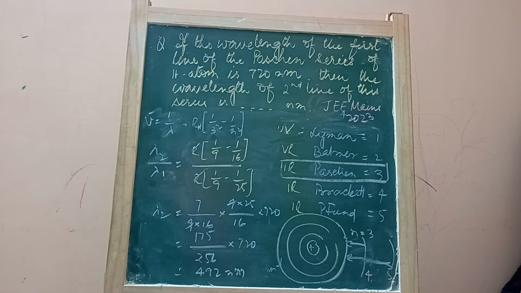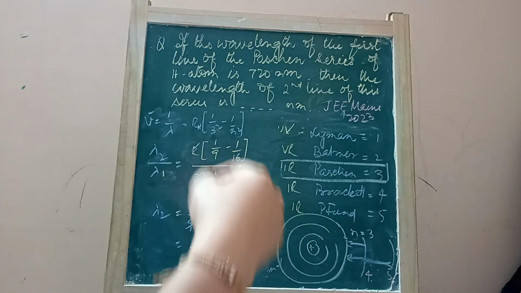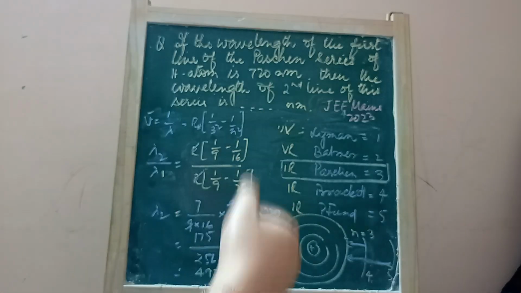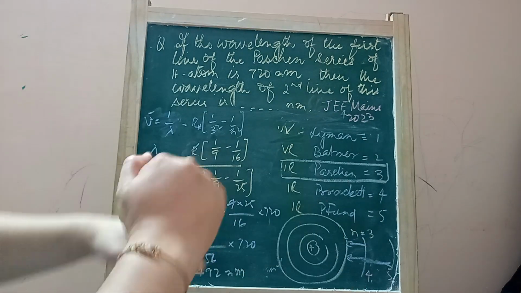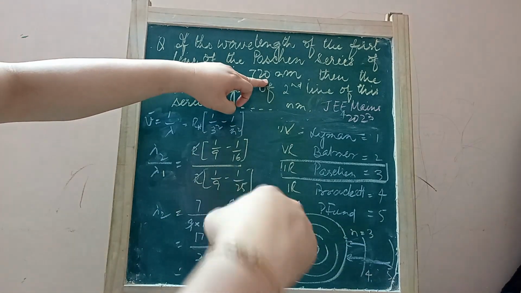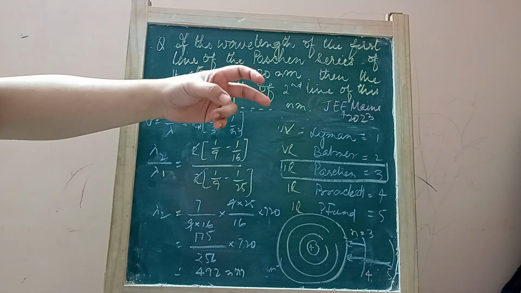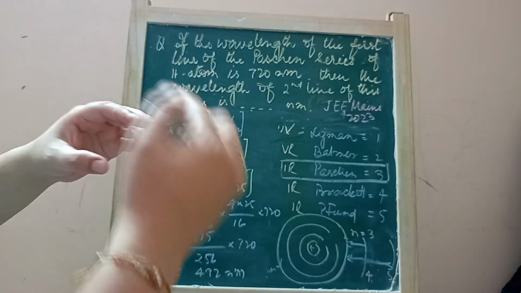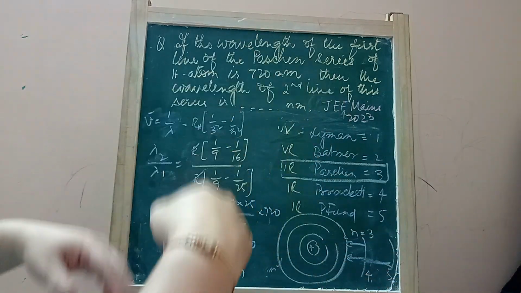And that is 720 nanometer. So this means the electron is jumping from just one higher orbit to the third orbit, so it's coming from fourth to third. What you are supposed to calculate is the wavelength when the electron jumps from fifth to third.